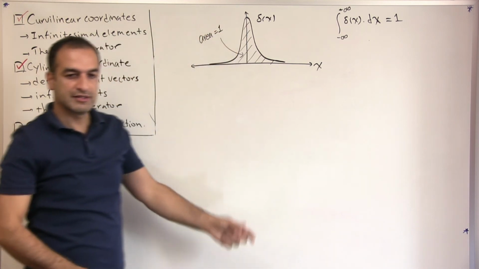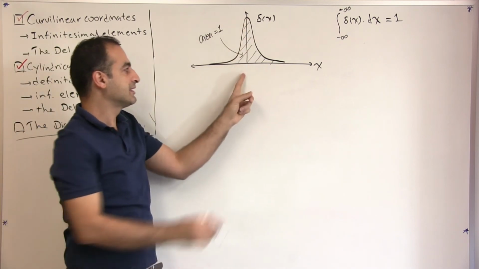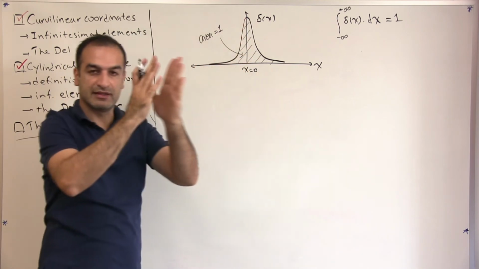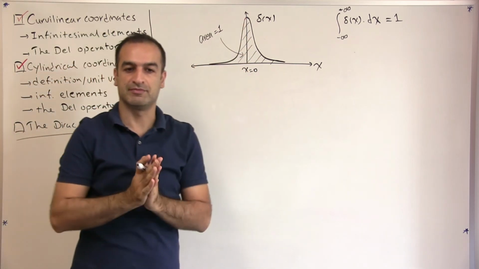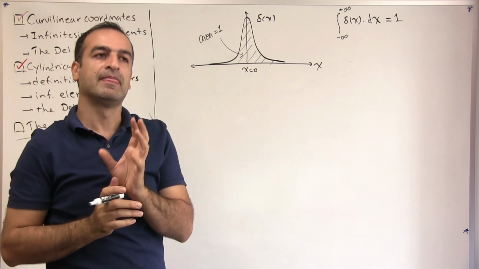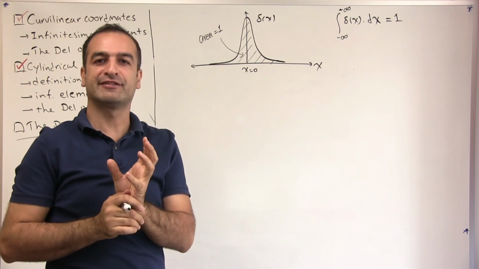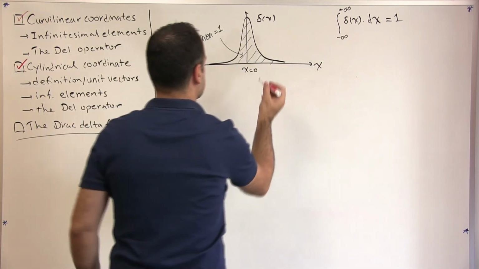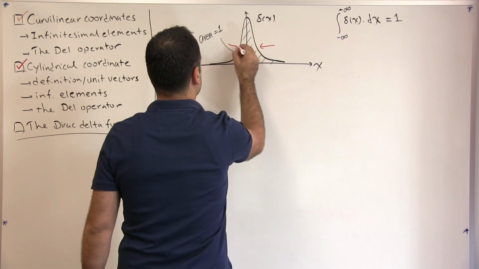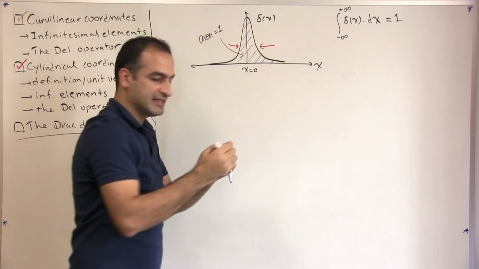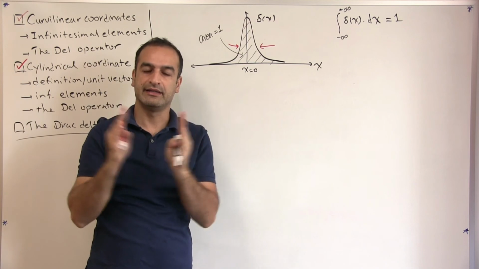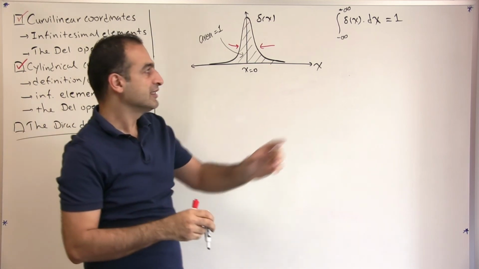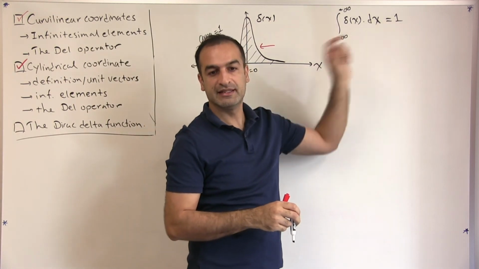Okay, and the shape of this, imagine it has a peak at x equals 0, which is very steep, and the rest, if you go away from 0, it's going to be very small. Now imagine I push this function to the limit. By that I mean I push it from the left and right in a way that I make it narrower and narrower, and as I make it narrow, I try to keep the area at 1.